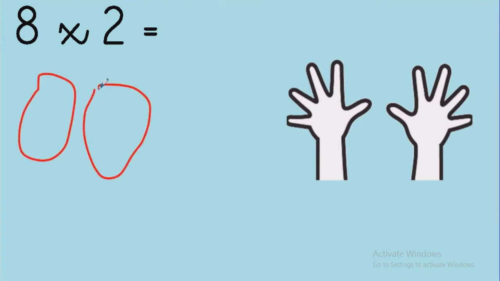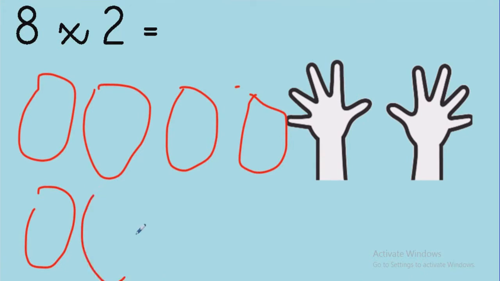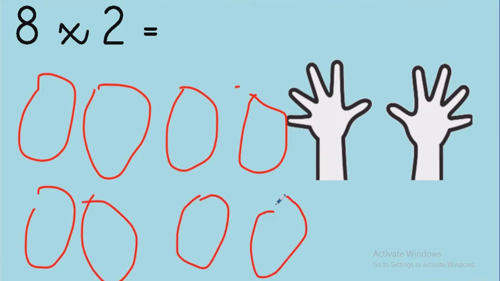1, 2, 3, 4, 5, 6, 7, 8. A long time. We could put 2 in each group. Let's have a go. 2, 2, 2, 2, 2, 2, 2 and 2.